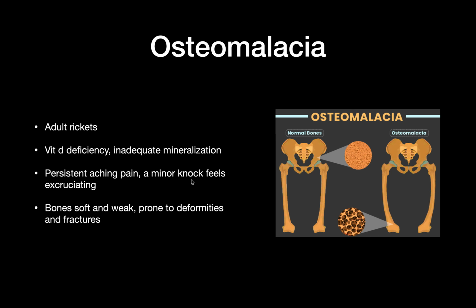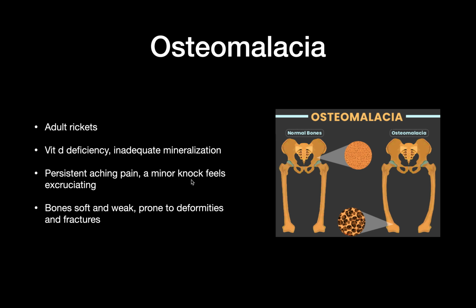You know that feeling when you run into a table and you bash your pinky toe, and that is incredibly painful. But that happens to people with osteomalacia, even if a cat bumps against their leg. And the bones are soft and weak, and they're prone to deformities and fractures.